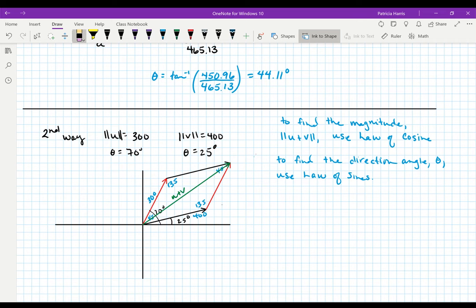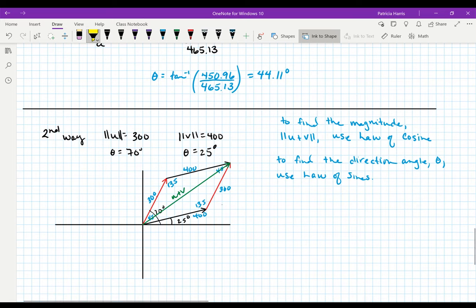All right, so I know what I want to find. I know how I'm going to find it. So let's add some more labels. Okay, so you will notice that my parallelogram is actually two triangles.